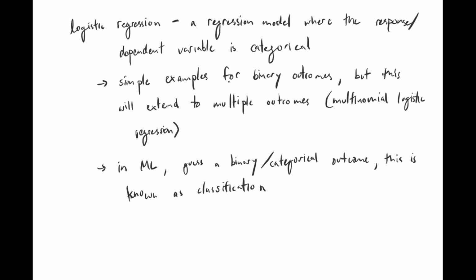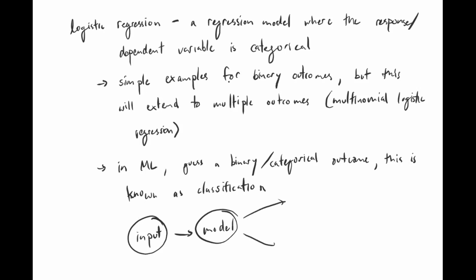You are essentially attempting to classify something, your output, into these discrete outcomes. In other words, for our simple binary choice, we have our input, the model, which is what we're going to be talking about, and then a yes or no, or a 1 or 0 type of outcome, or true or false.